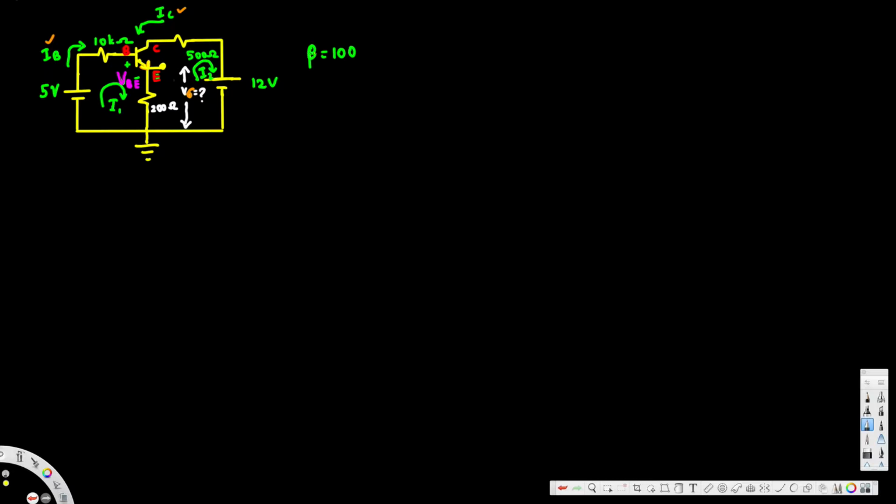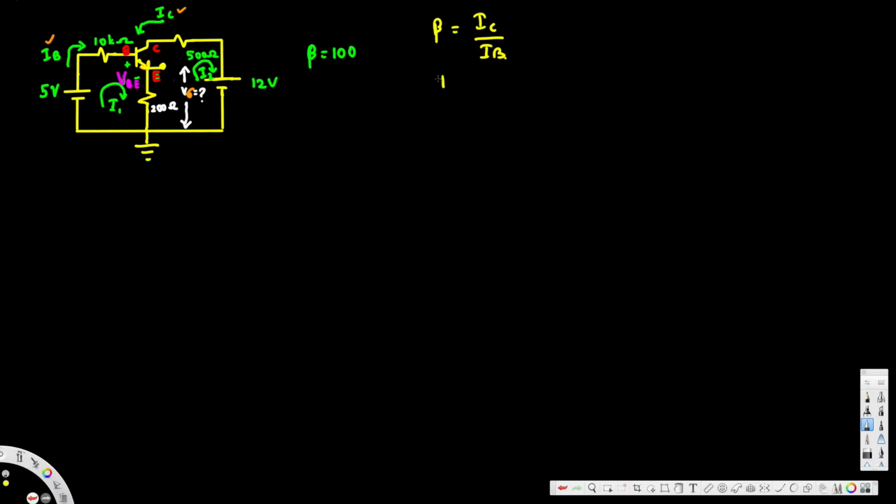Now let's see. Here we have beta provided. Based on beta we can create a relationship between I emitter and I base, because beta is equal to IC over IB.